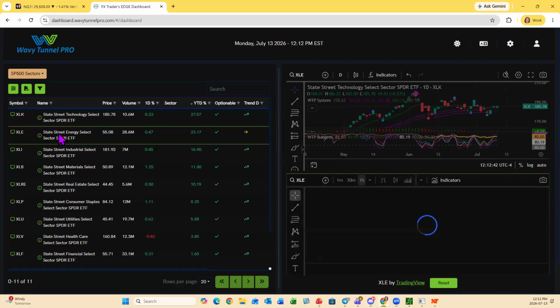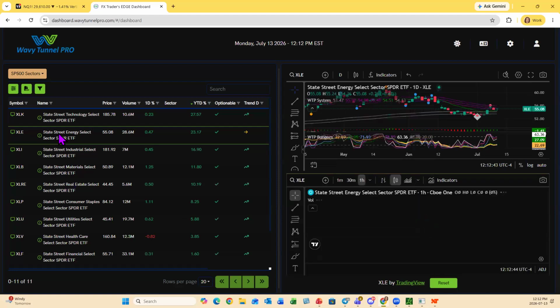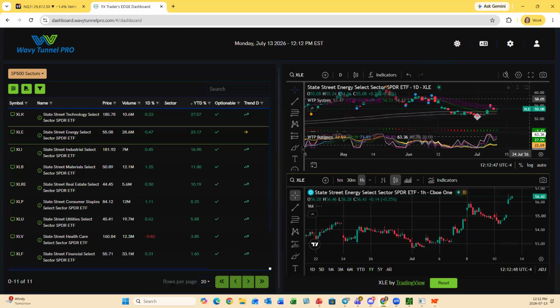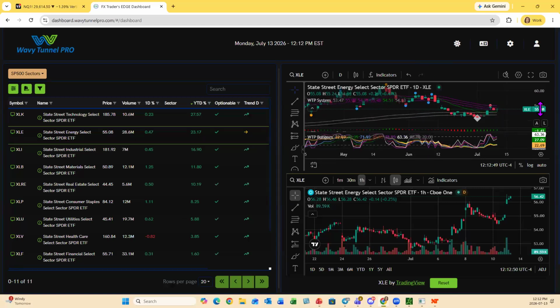If we look at energy, which is the next highest performing sector at 23.17%, well, interesting, because the setup was a beautiful breakout 4 setup right here. And then we just bounced off of that level.